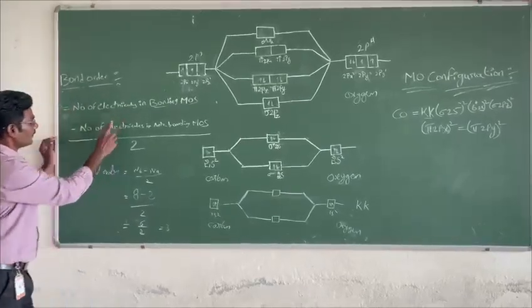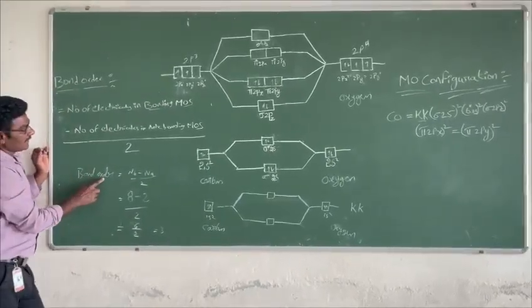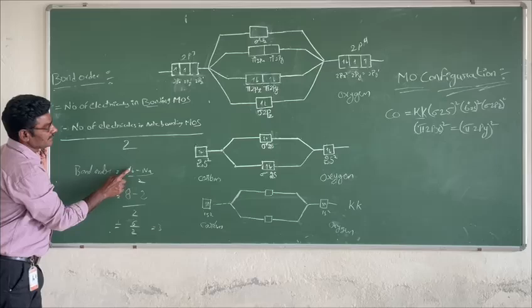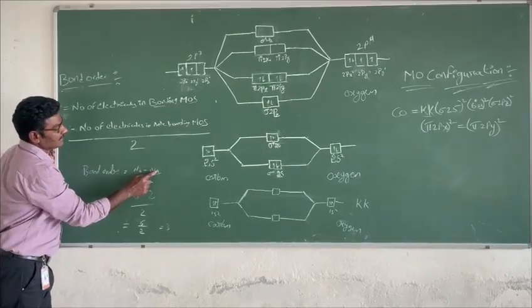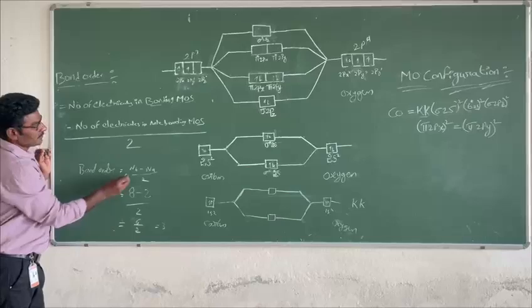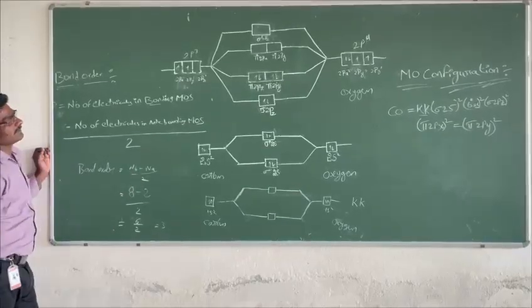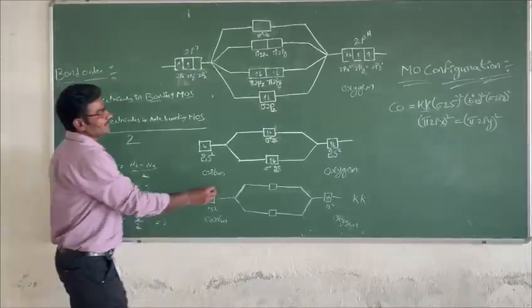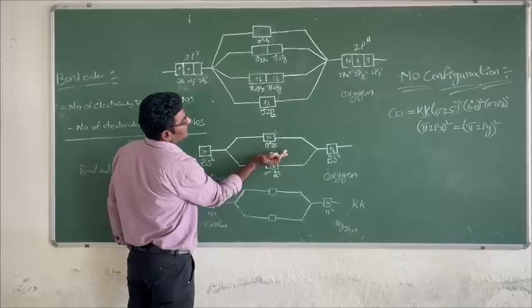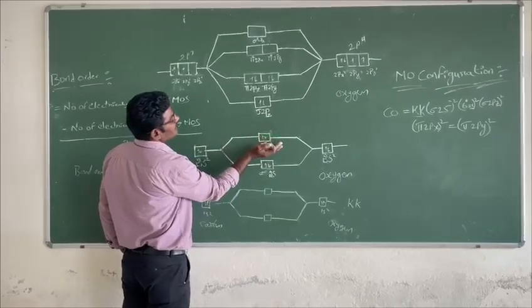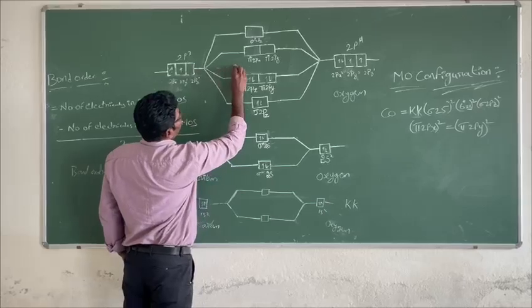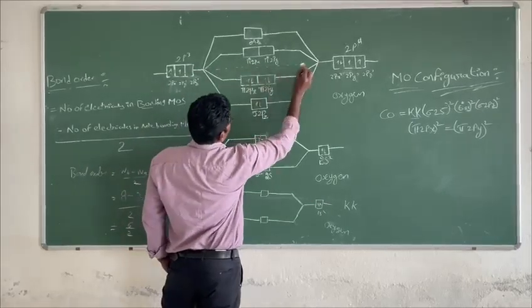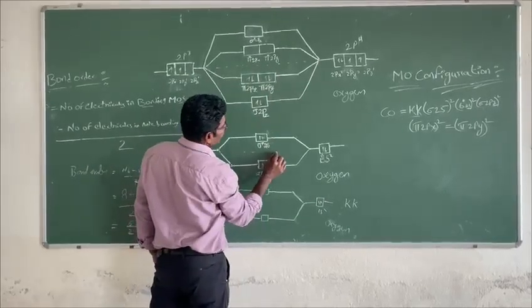This gives the overall bond order: Nb, the number of bonding electrons, minus Na, the number of anti-bonding electrons, divided by 2. Nb means the number of bonding electrons. The downside is bonding, the upper side is anti-bonding, star anti-bonding.